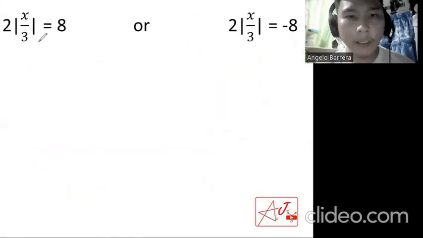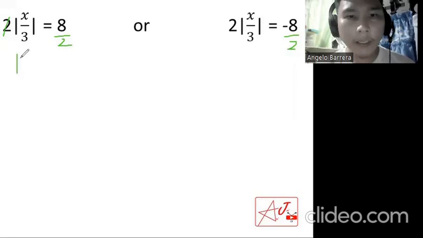Okay, so for our next example, so dito naging fraction siya, pero same pa rin ng procedure. Una, kailangan nating ma-eradicate or ma-eliminate yung number outside the absolute value. So, divide natin pareha sa 2 or simply, divide na lang natin sa 2 si 8 or multiply natin sa 1/2 para matanggal si 2.